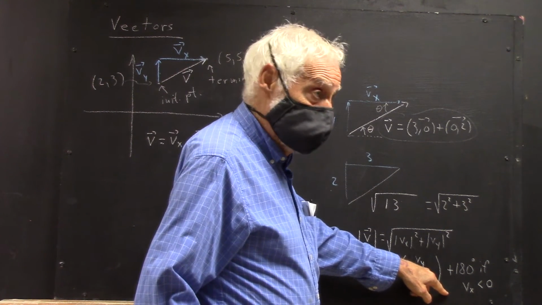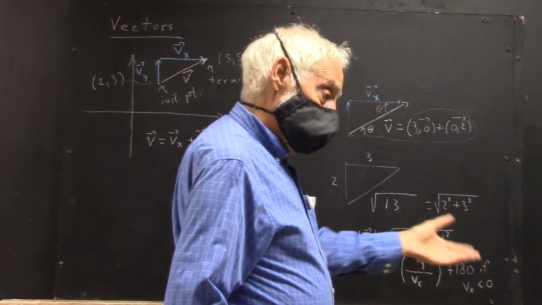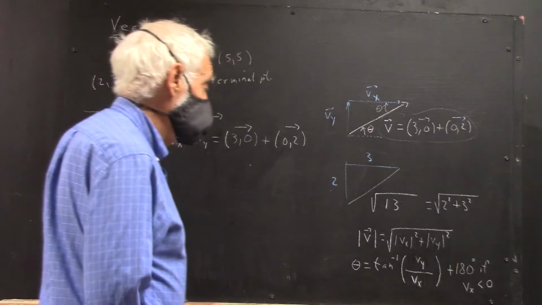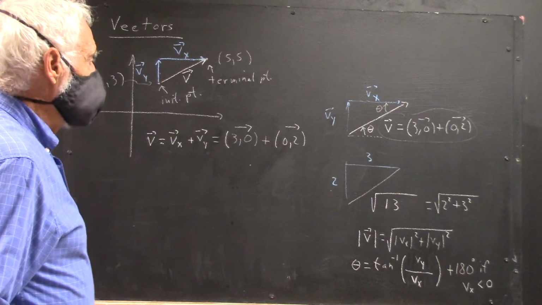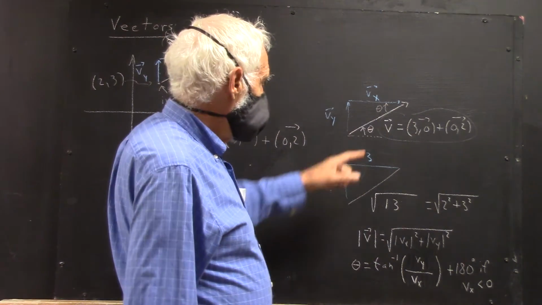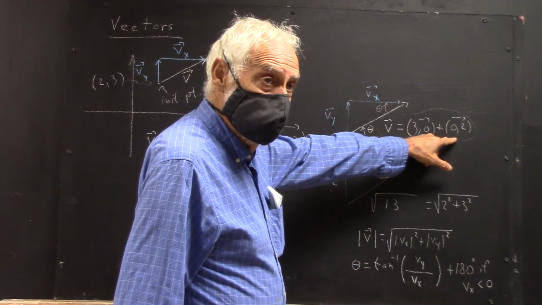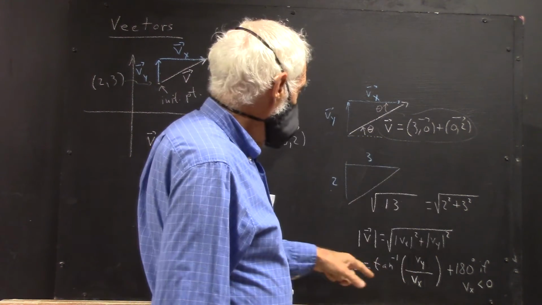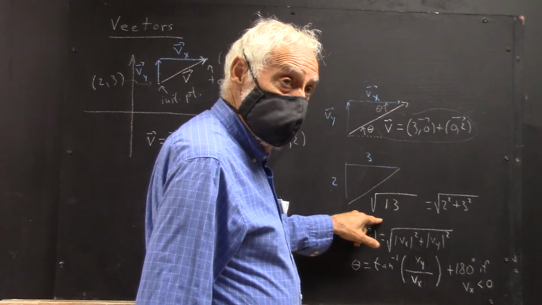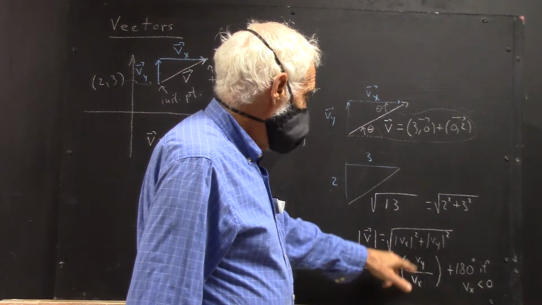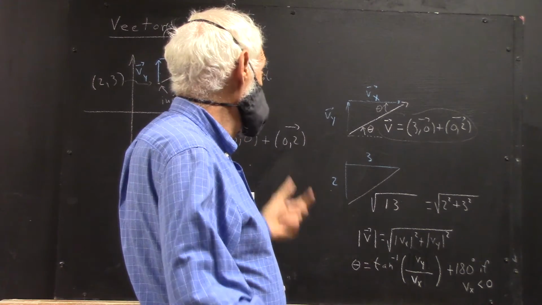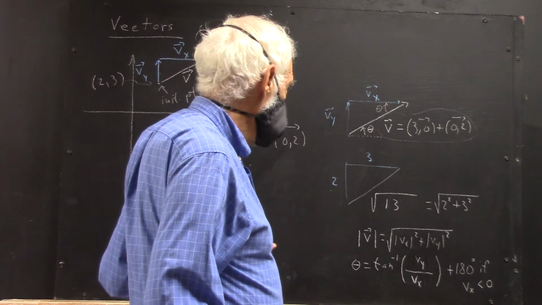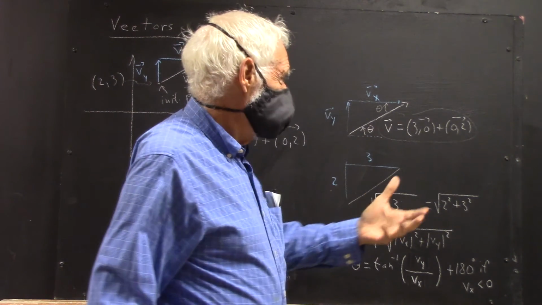Now that's the simplest definition I can give you. Okay, when you look at it in the textbook, you'll see a slightly different definition, but it's totally equivalent. Okay, so your vector can be defined by a Vx and a Vy in coordinates, or by its magnitude, square root of 13 in this case, and its angle, the arctangent of Vy over Vx, which is, in this case, maybe about 0.7 or 0.8.